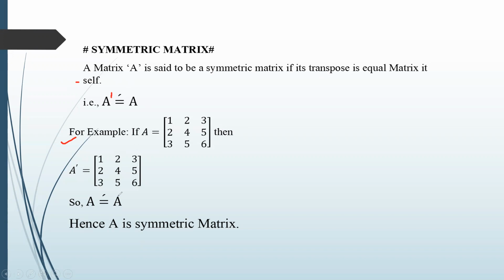So we write this 1 2 3. This is the second row with the second column, so 2 4 5. Third row with third column. It means again this is the original matrix. It means A transpose equal to A. Hence A is a symmetric matrix. So is that clear how we can find a symmetric matrix?